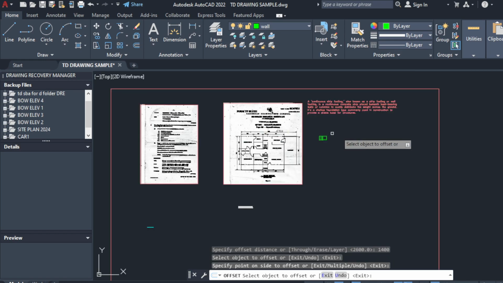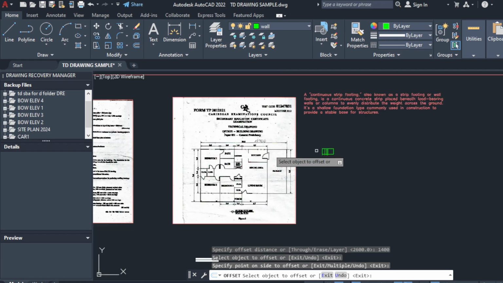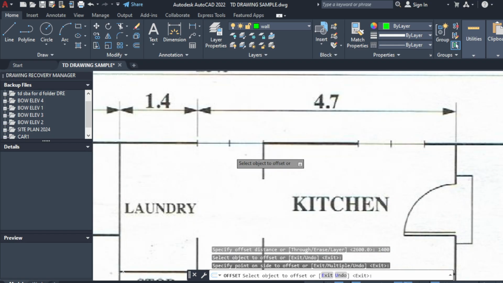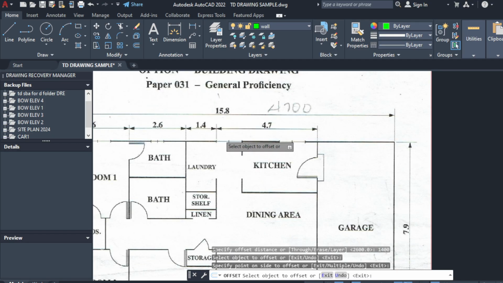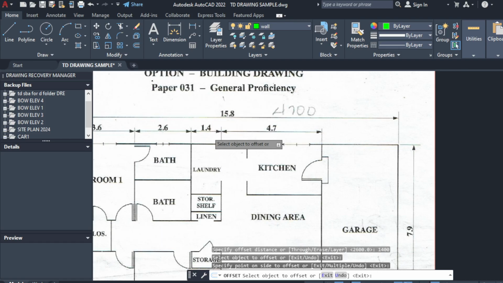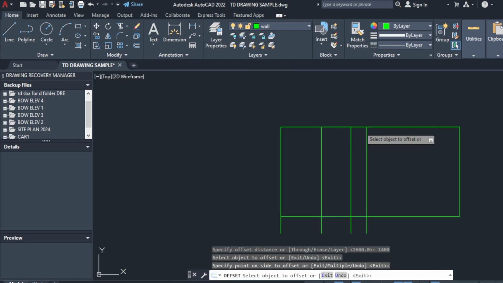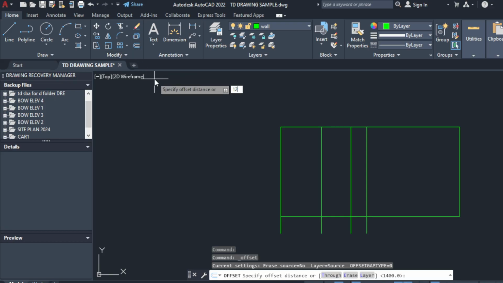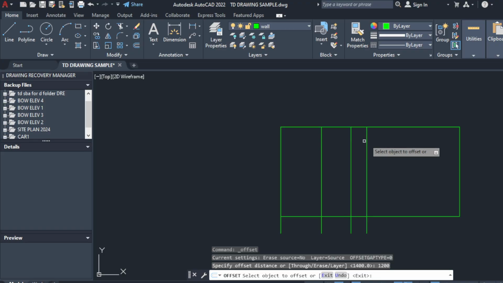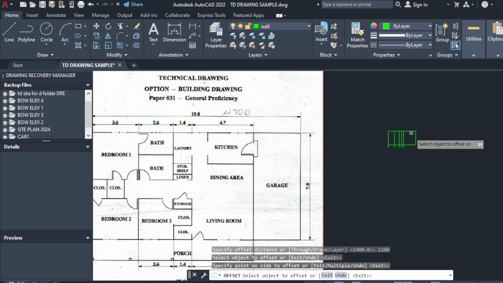So I'm going to offset here 1,200 millimeters. Offset 1,200, enter. This is my window space.